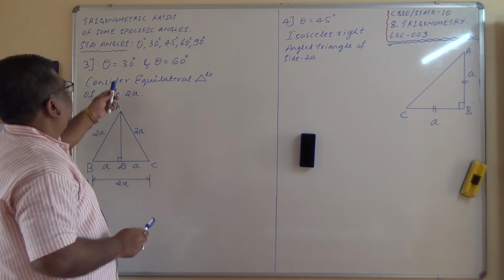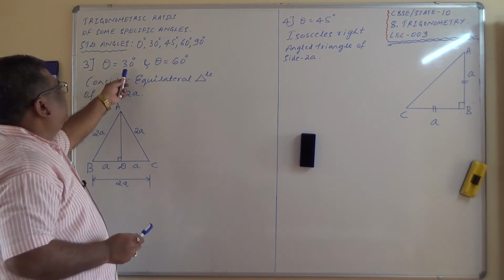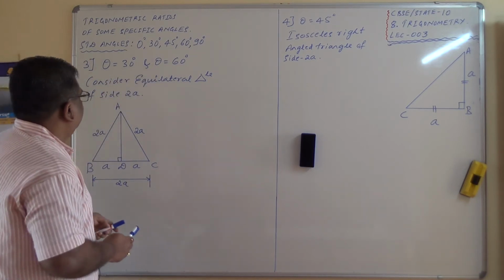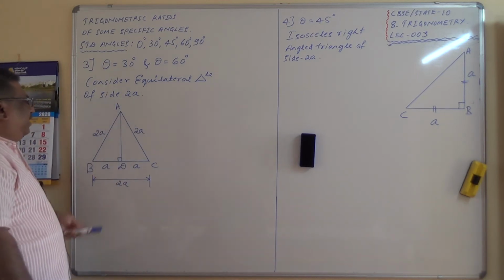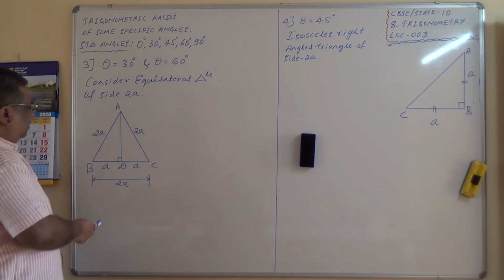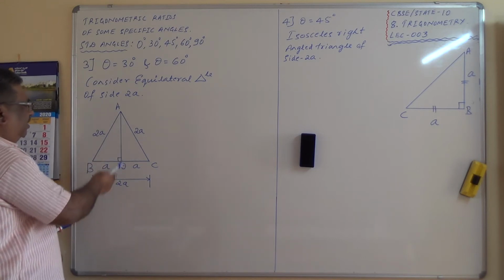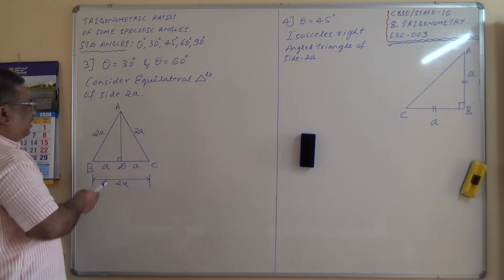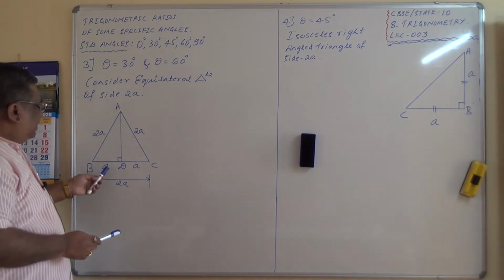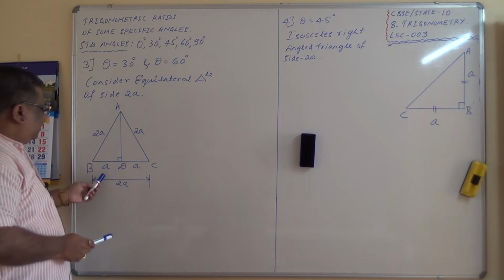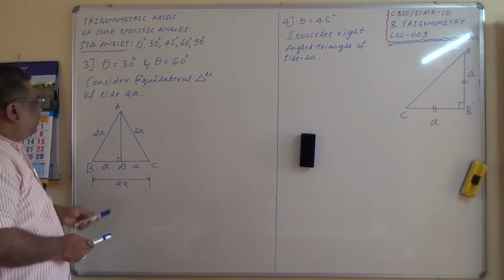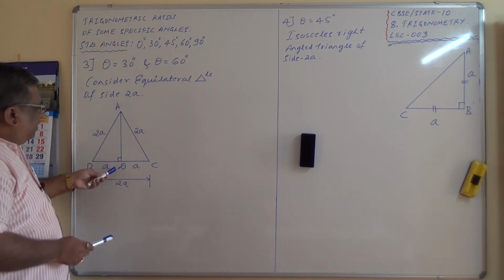Now we will start with theta equals 30 degrees and 60 degrees, for which we need to consider an equilateral triangle of side 2A. So this is an equilateral triangle, 2A, 2A and 2A. We have drawn an altitude AD, being a median, that divides BC into two equal halves. Therefore this is A and this side also A. Let us try to find out AD here.